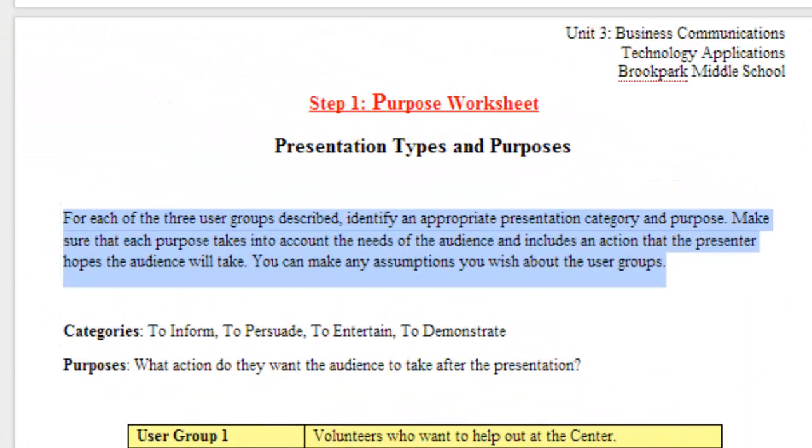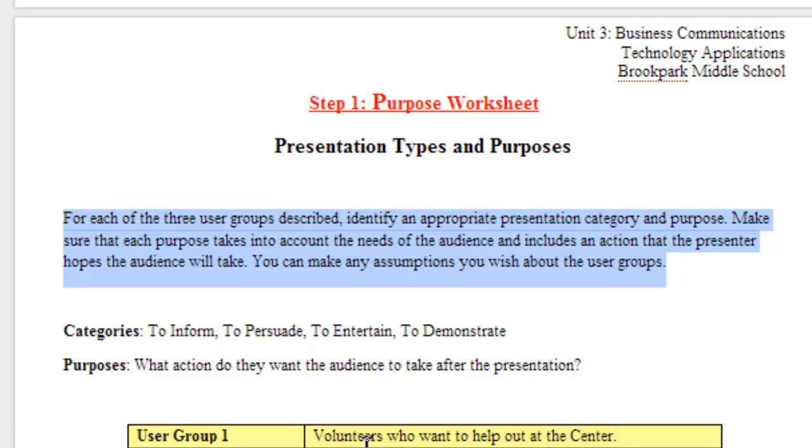Your instructions say, for each of the 3 user groups described, identify an appropriate presentation category and purpose. Make sure that each purpose takes into account the needs of the audience and includes an action that the presenter hopes the audience will take. You can make any assumptions you wish about the user groups.